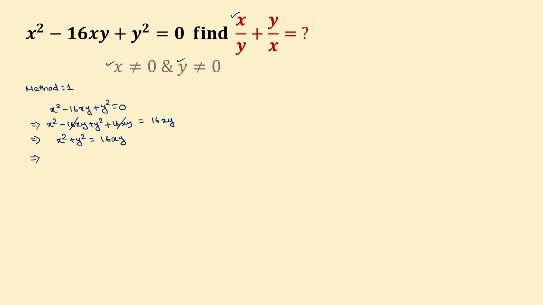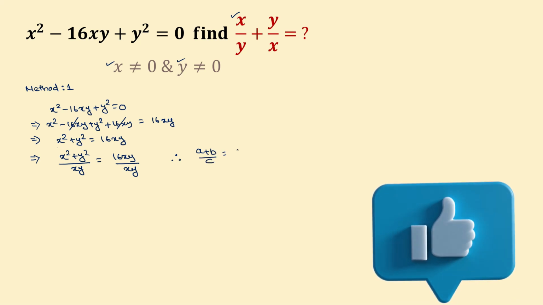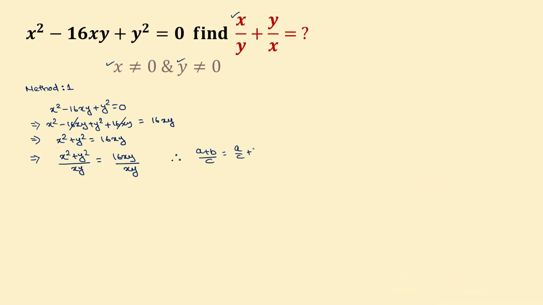Now divide xy in both left hand side and right hand side. So we can write it as x square plus y square divided by xy is equal to 16xy divided by xy. As we know, a plus b divided by c is equal to a by c plus b by c.